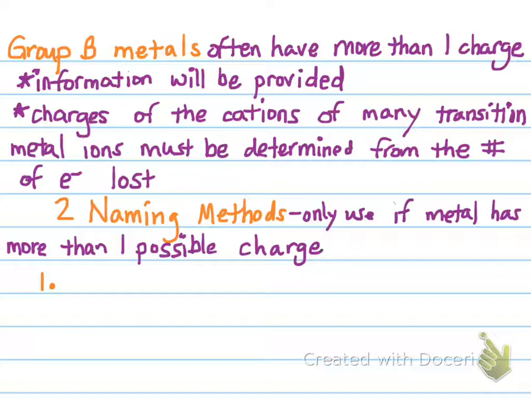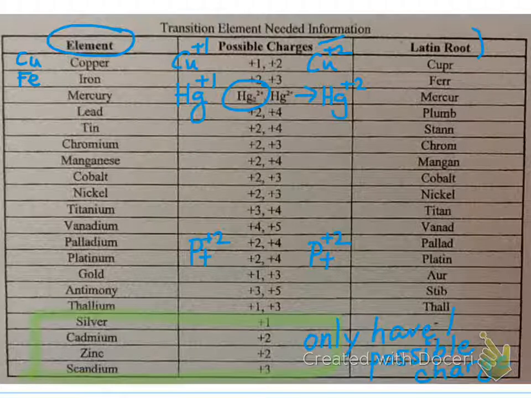That's why I pointed out these down here. For these, I don't have to use this, because silver, cadmium, zinc, and scandium only ever have one possible charge, and any chemist is going to know that. If you have a silver ion in something, a chemist will always know it's silver with a +1 charge.